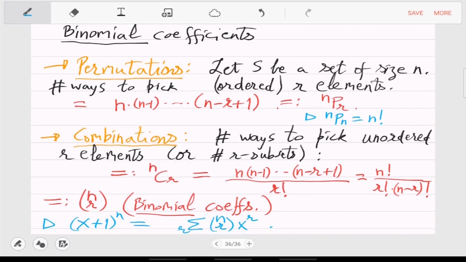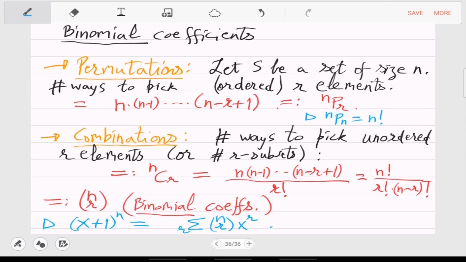Okay, so for r equal to 0, you get n choose 0, which is 1, or for r equal to n, you get n choose n, which is 1, and then for r equal to n minus 1, you get n choose n minus 1, dot dot, for r equal to 0, you get n choose 0. Okay, since this appears as coefficients in the binomial expansion, we call this a binomial coefficient.